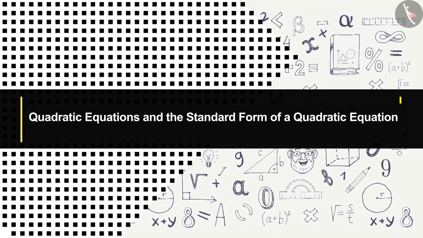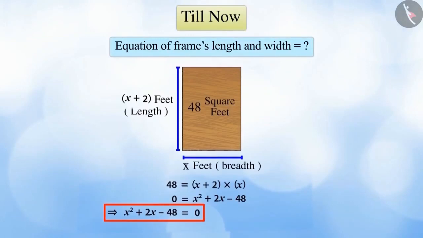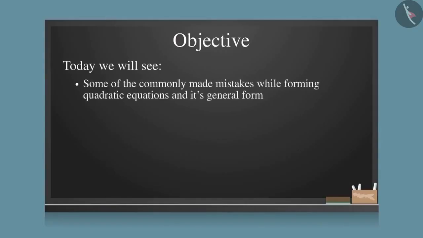In the previous video, we looked at some examples based on quadratic equations and its general forms. Now we will look at some of the commonly made mistakes while forming quadratic equations and its general form.